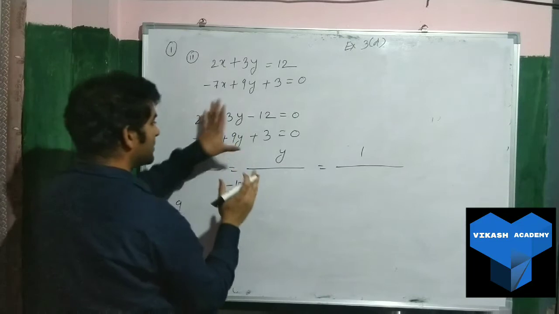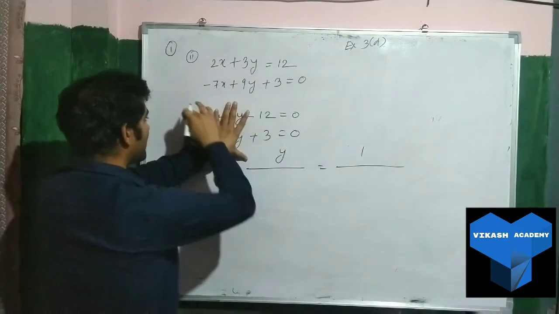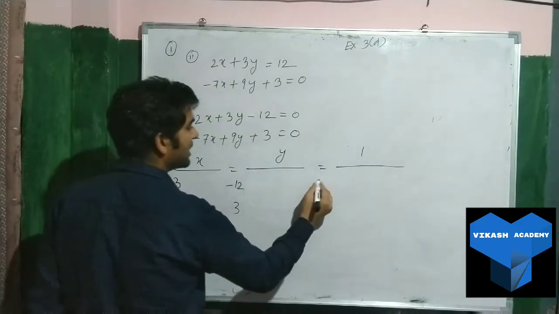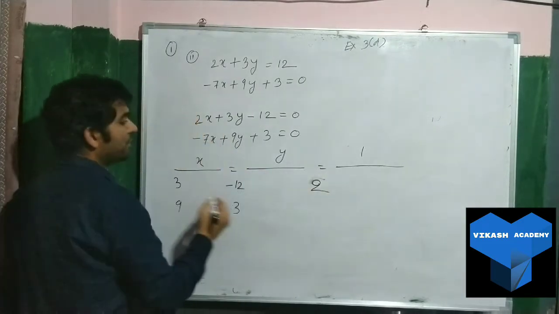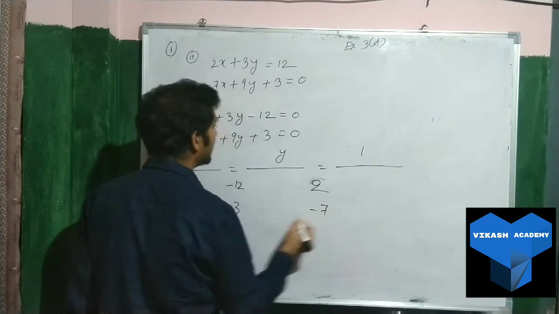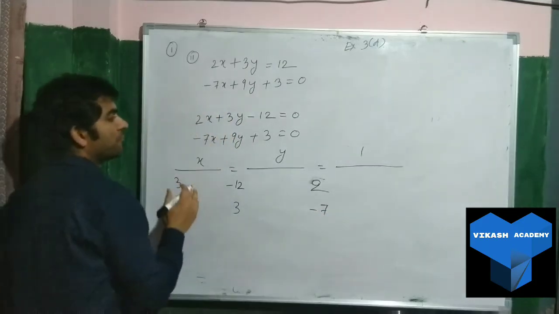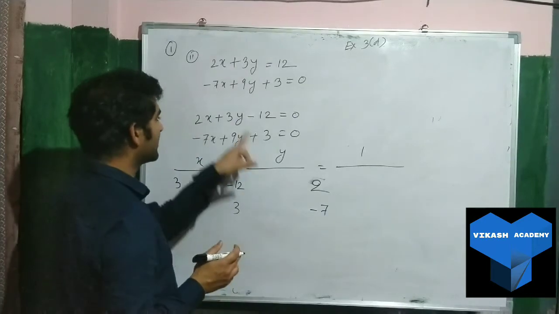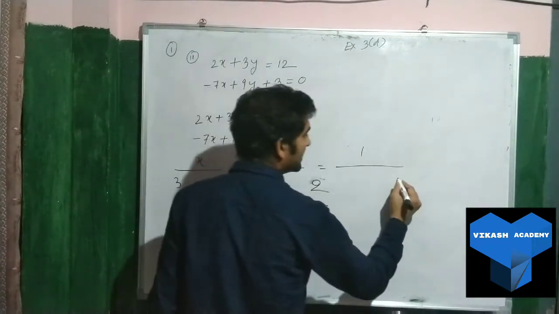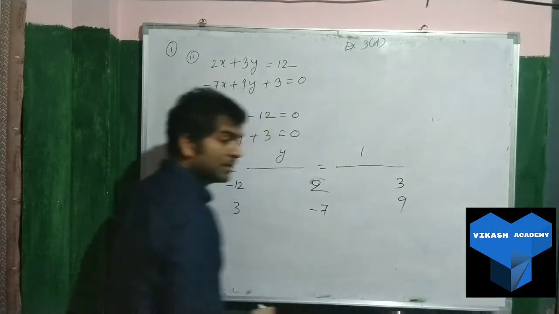Next it will be for y, it will be c1 c2, and then a1 a2. A1 is 2 and a2 is minus 7. Next we have here for 1, this part will be covered, so 2 and minus 7 already written here. What you will take here? Take 3 9.